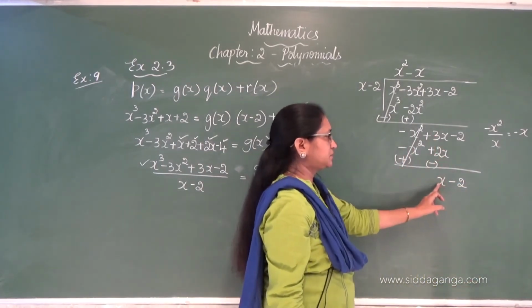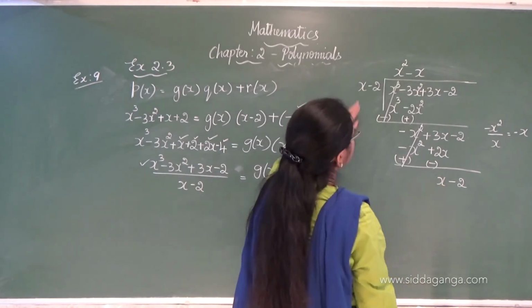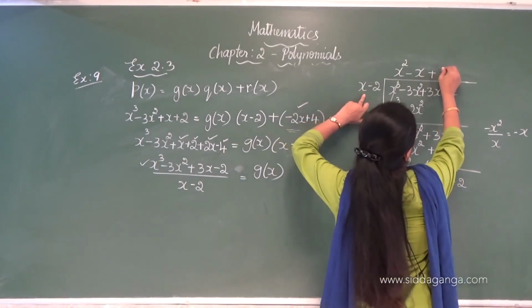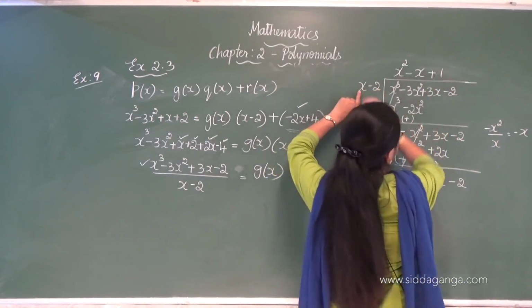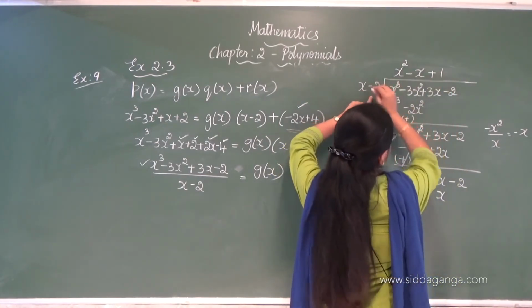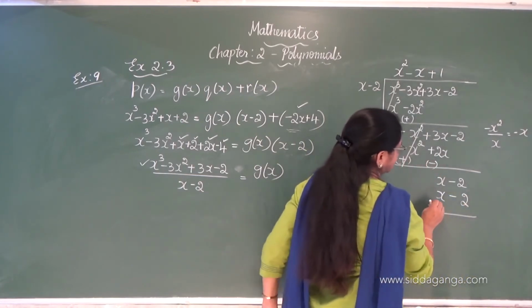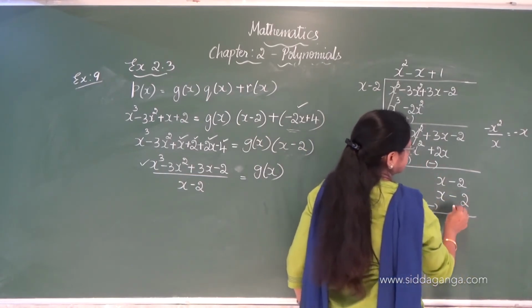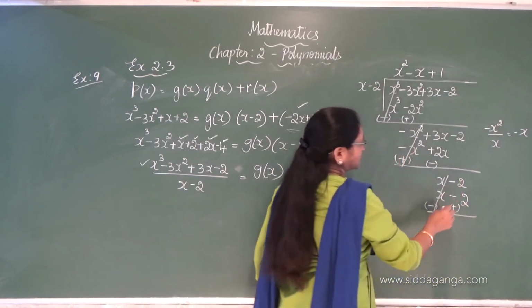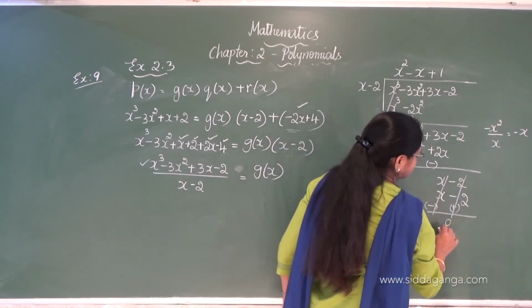Now x minus 2, then here plus 1: x into 1 is x, 1 into minus 2 is minus 2. Now again change the sign, and this gets cancelled, so it is 0.